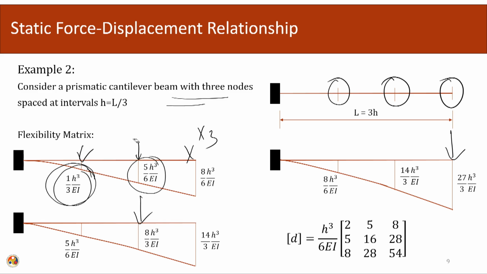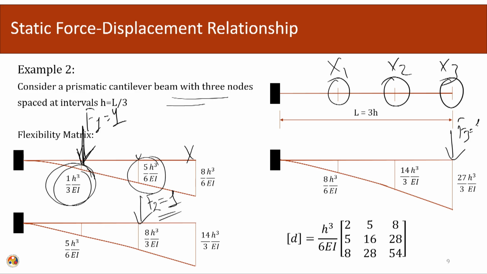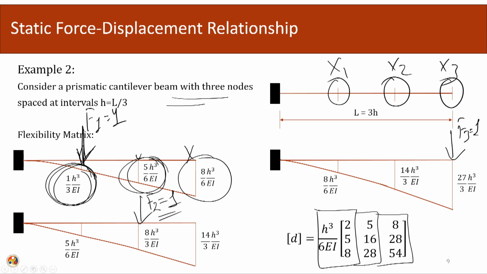First we give the unit force F1 equals 1 here and calculate the deflections, then unit force F2 equals 1 at this point, and at the third point F3 equals 1, and we record the deflections. These become the individual columns. This way we can assemble our flexibility matrix.